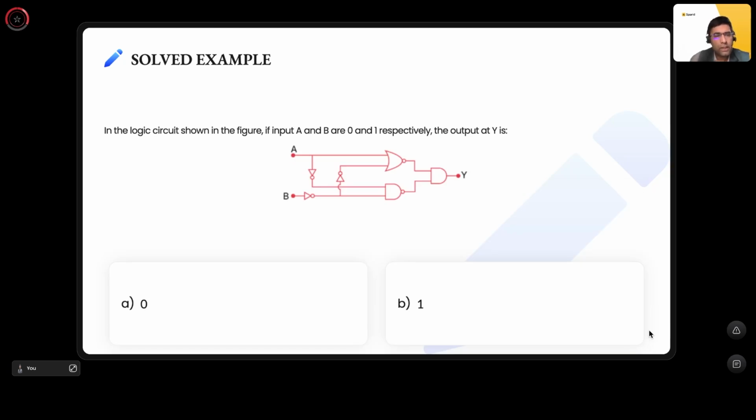In the logic circuit shown in the figure, if the inputs at A and B are 0 and 1 respectively, the output at Y is. Again, in semiconductors, the topics that you must know are the logic gates. One question will come from the logic gates, and one question will come from the diode part, the reverse or forward bias, or the application of diodes. So there will be two questions.